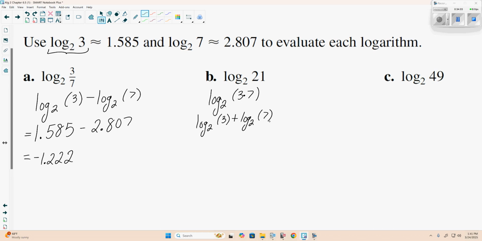Log base 2 of 3 is 1.585, and log base 2 of 7 is 2.807.